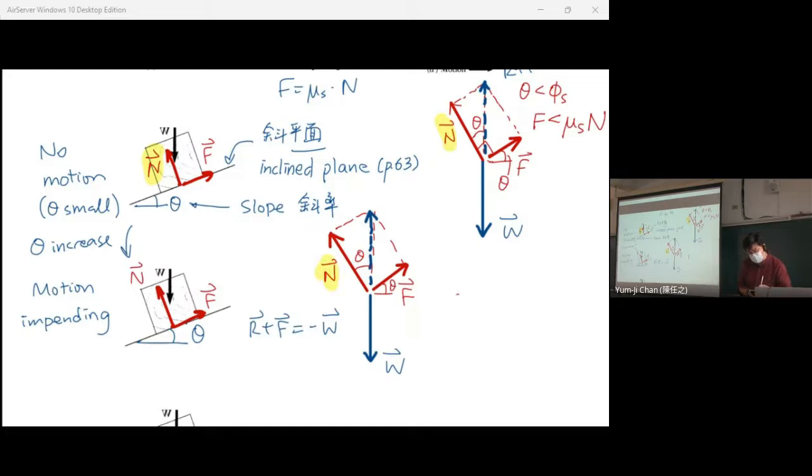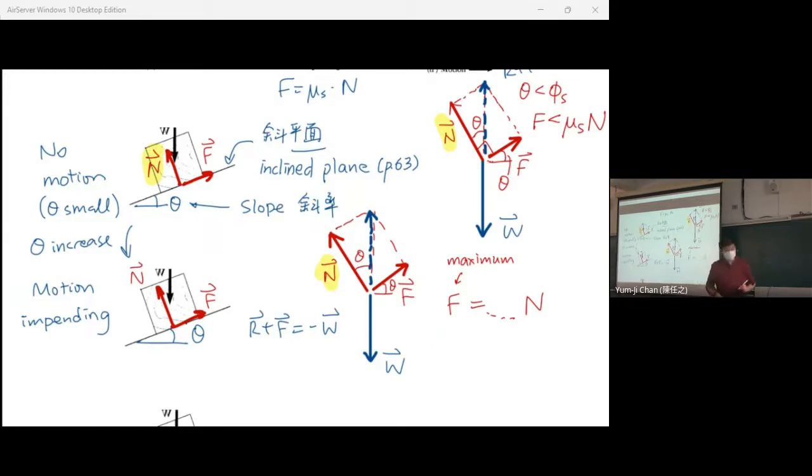What do we know about the relationship between F and N if it is motion impending, or there is maximum friction? If F is maximum, F is equal to what?